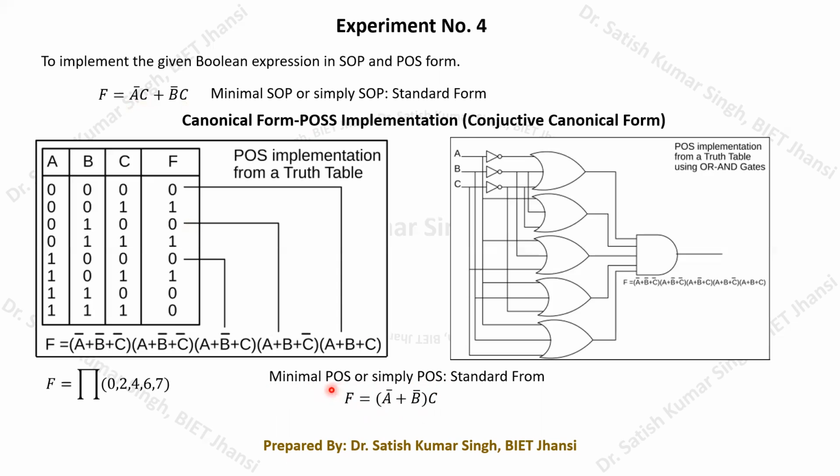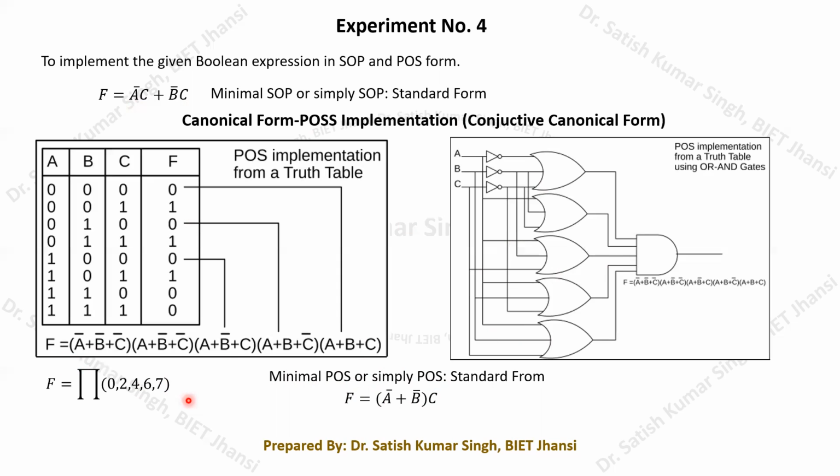It is a product of sum forms, in which we have eliminated the redundant Boolean variables that are not required. So now in this experiment we are going to implement this canonical form, and then we will verify that both the functions are equivalent.